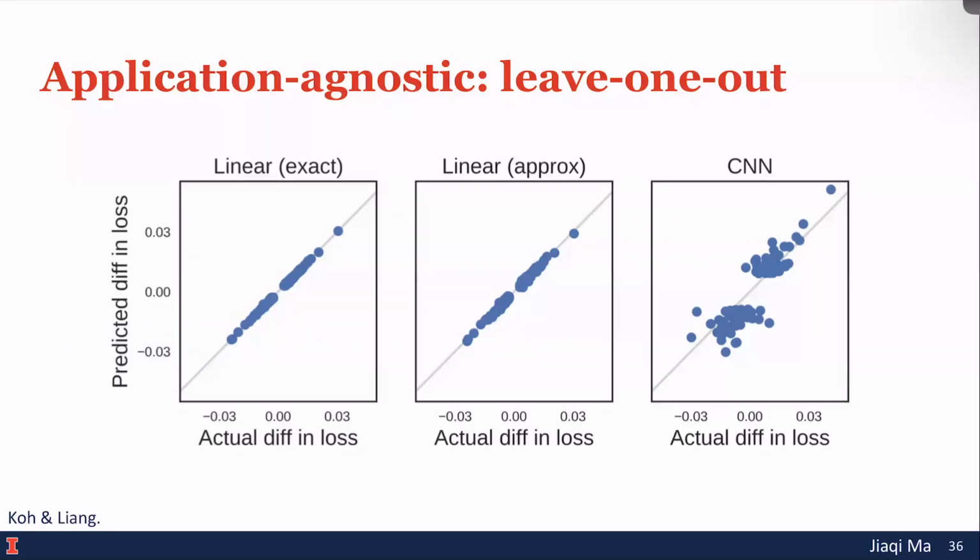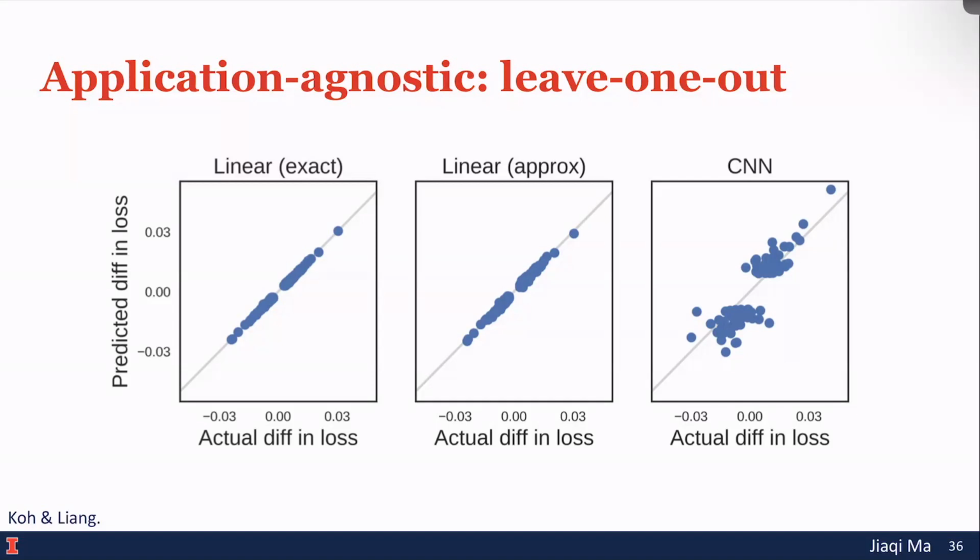Recall that at the very beginning, the goal of the influence function is to approximate the process of removing a data point, retraining the model, and observing the change of prediction. So the influence score is a proxy of that change of prediction.